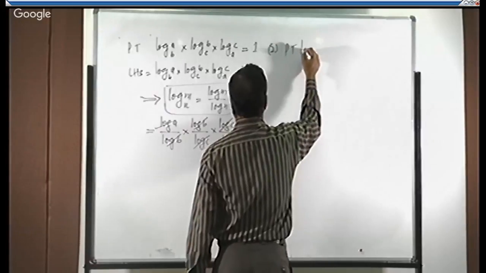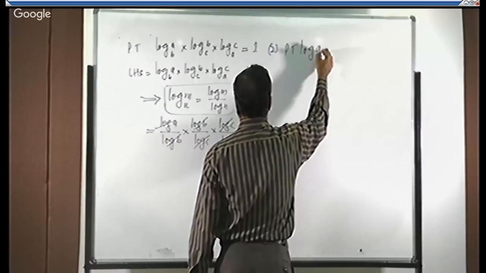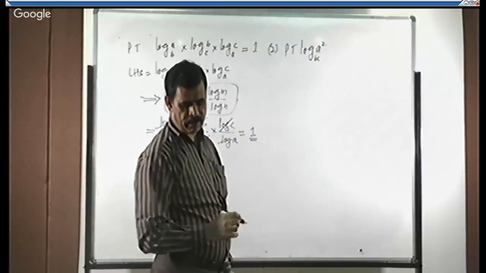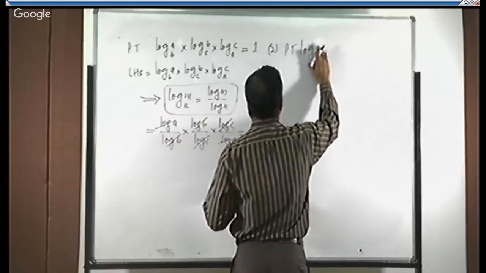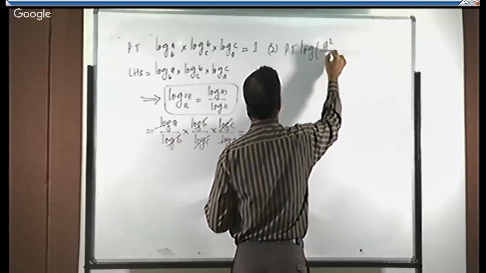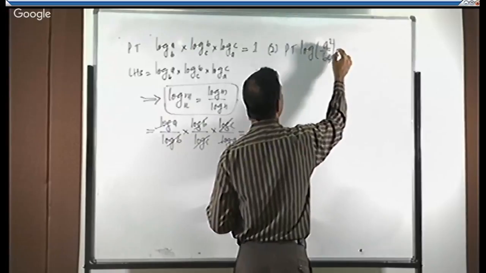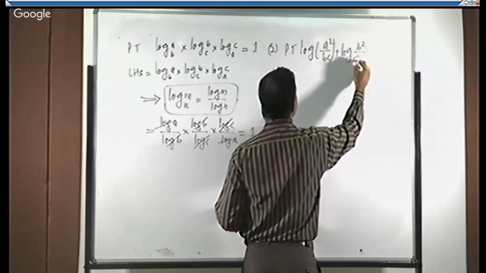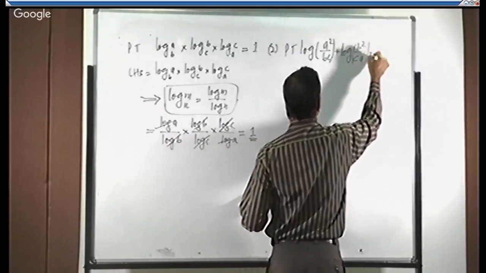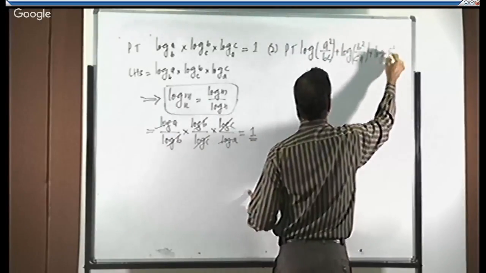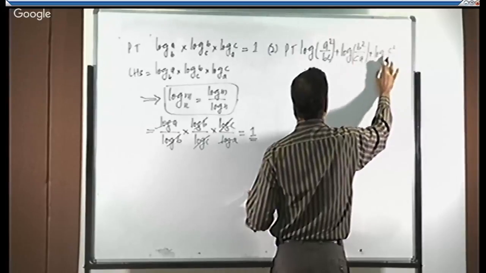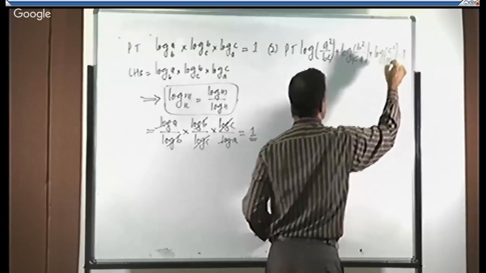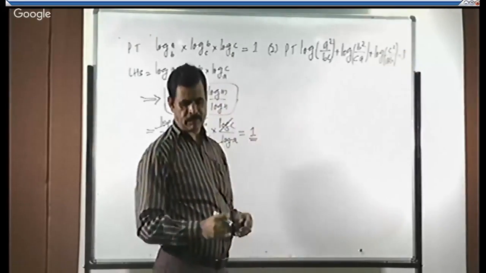Prove that log of a square divided by bc plus log of b square divided by ca plus log of c square divided by ab is equal to 1. Sorry, 0.